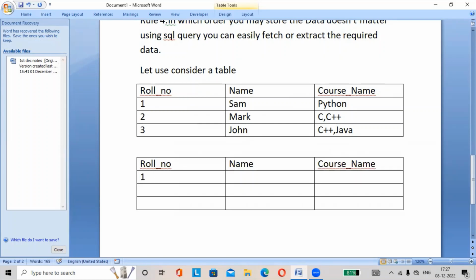See, is the first one atomic or not? First roll number. Yes, ma'am. Roll number is atomic, so no need to do any changes. Second roll number, Mark, he has enrolled in both the courses C and C++. First store C, then for the same roll number, add Mark C++.